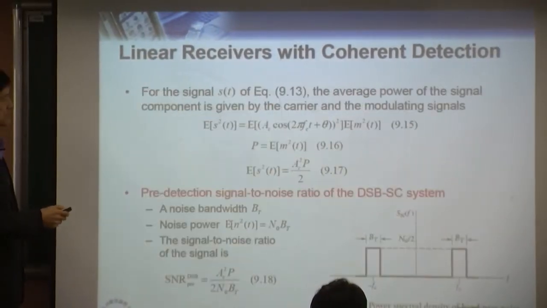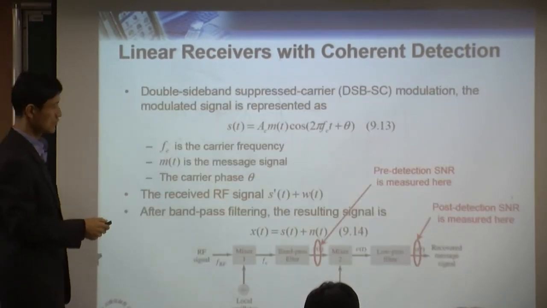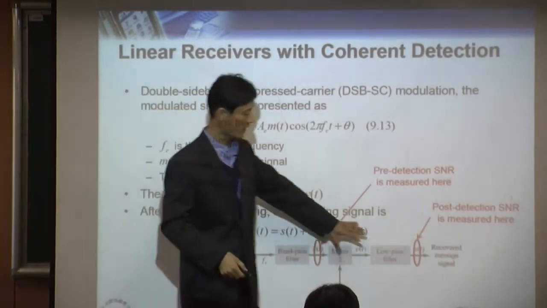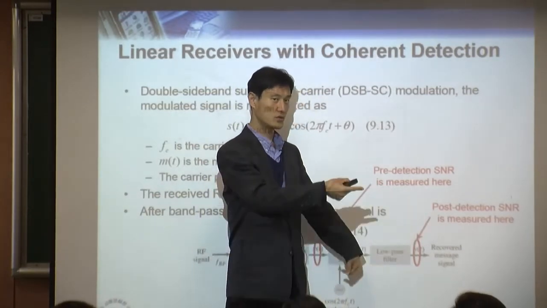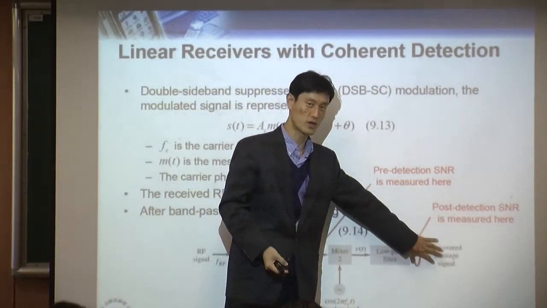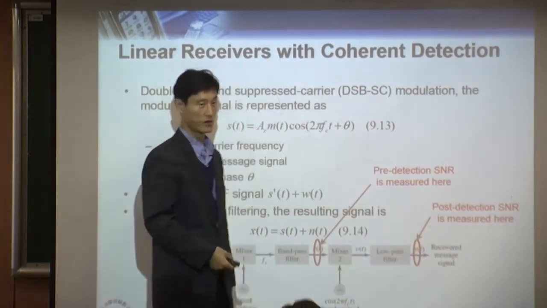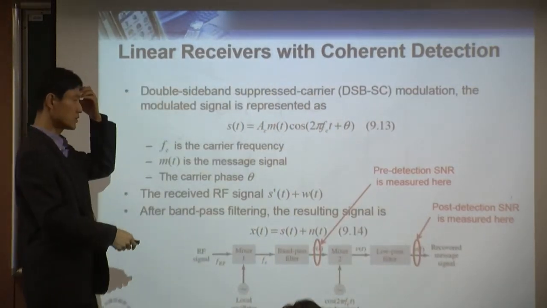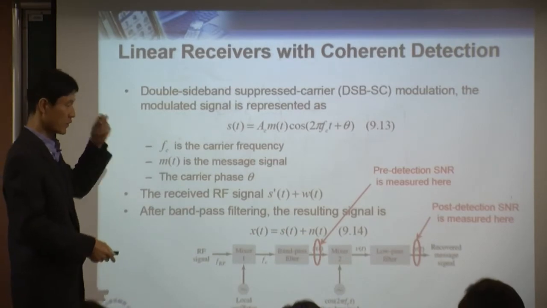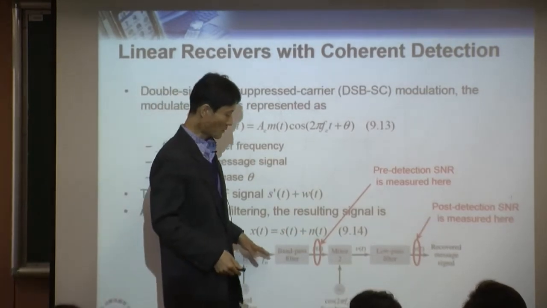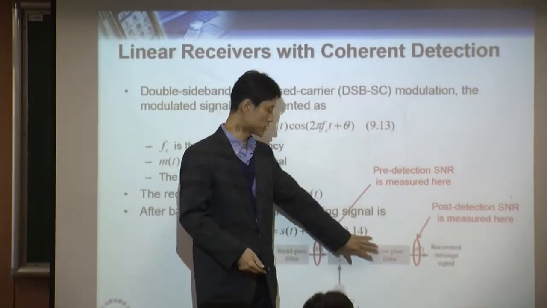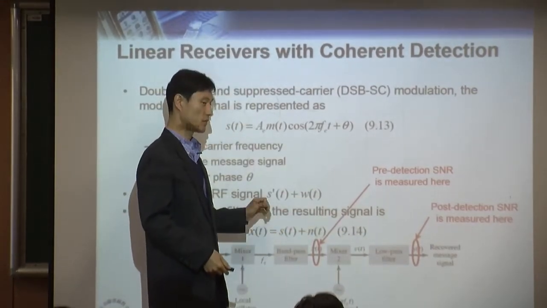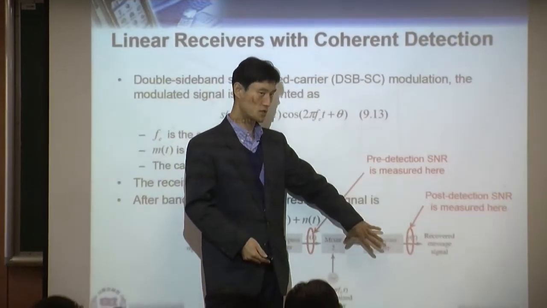And for post-detection, one thing that you want to remember is post-detection is measured after the demodulation. So after demodulation, we are going back to baseband. So here we are in the baseband, right? That's post-detection. So in order to go back to baseband, what happens is we get a signal here and go into the demodulation, but the noise also comes into the demodulation.